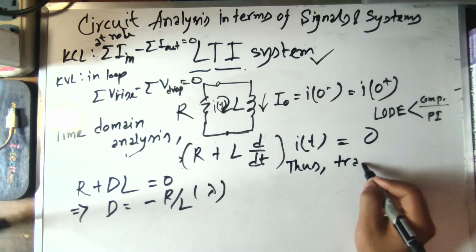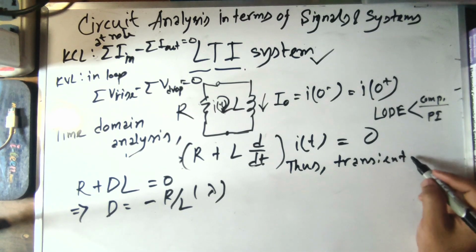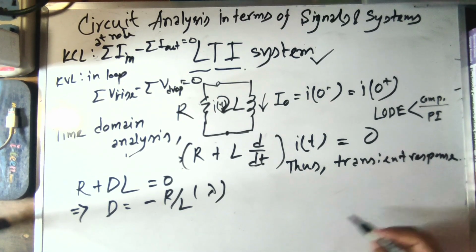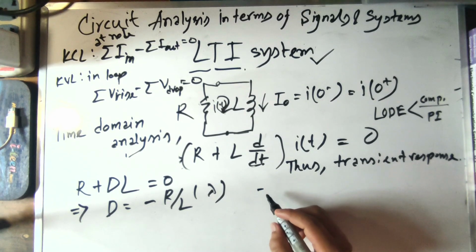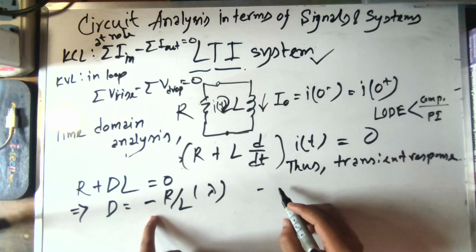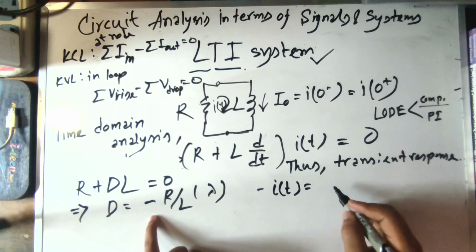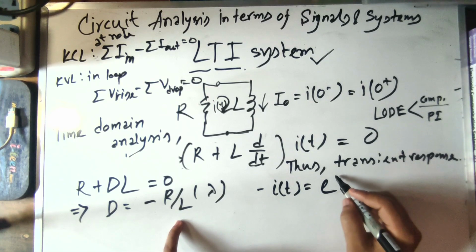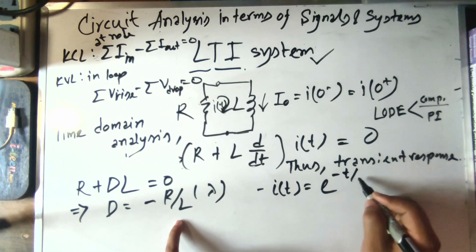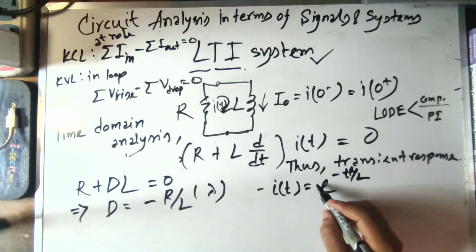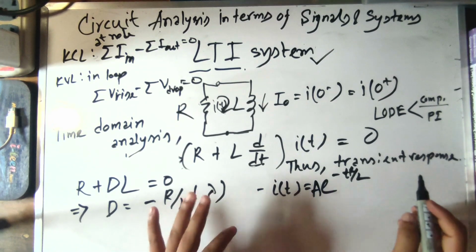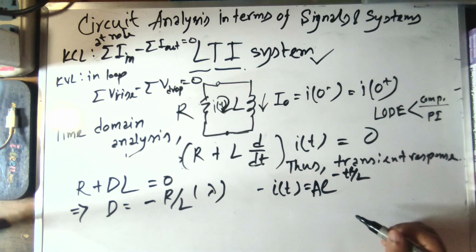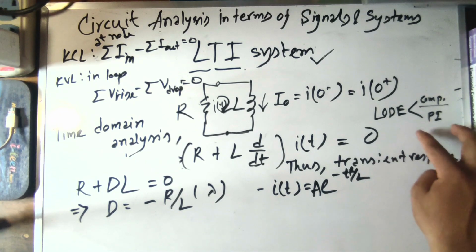Thus the transient response equals A e to the power minus t R by L. This is the transient response. What we have to do now is find A.